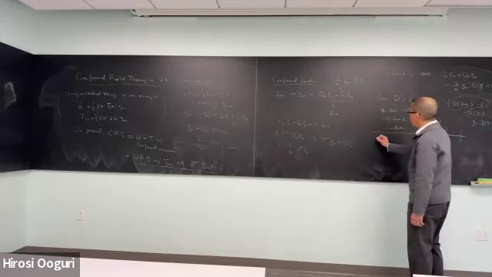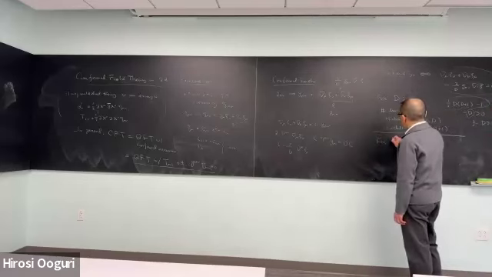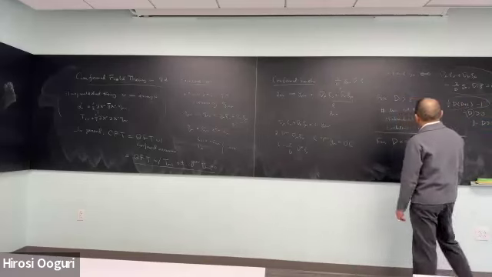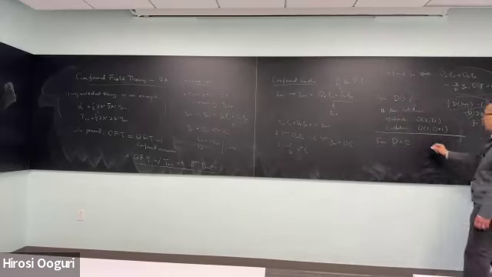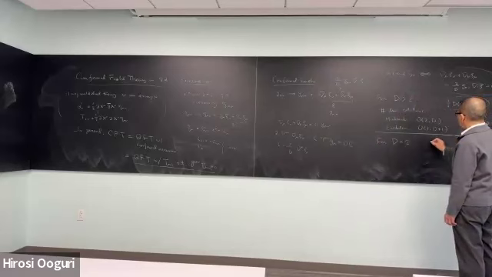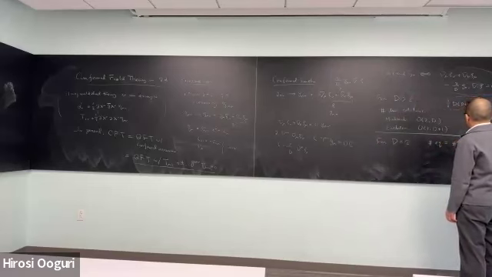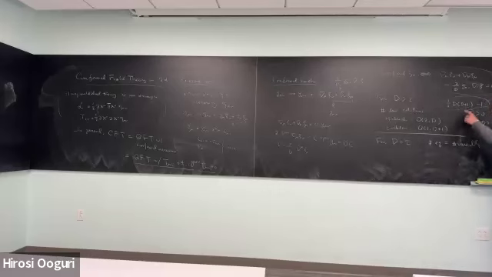For D equals 2, something interesting happens, because the number of equations is the same as the number of variables.